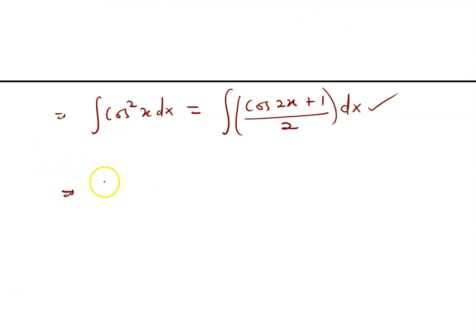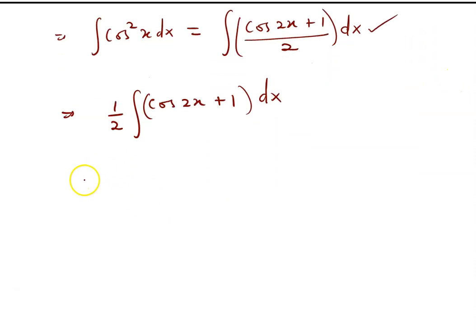So with this, I'm going to bring the half out. Half integral of cos 2x plus 1 dx. And this one can be further broken down into something like this: half into bracket, the integral of cos 2x dx plus the integral of 1 dx.